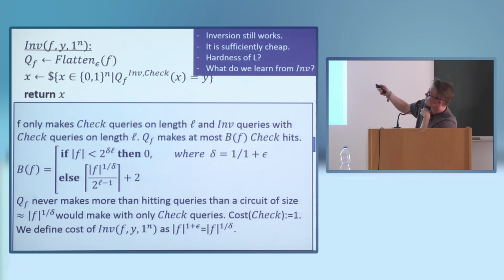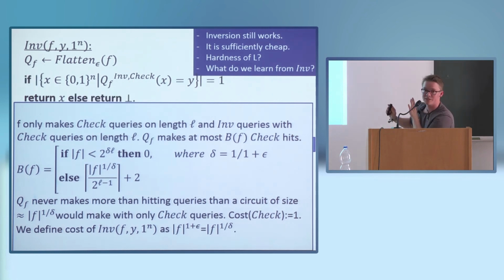So the second question is, what else do we learn? So we have check queries. We don't get too many check hit queries from inverse. The question is, what else do we learn from inverse? And this random sampling here is really tough to deal with in proofs. So what we do instead is a very simple trick.